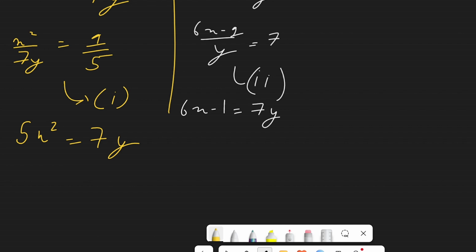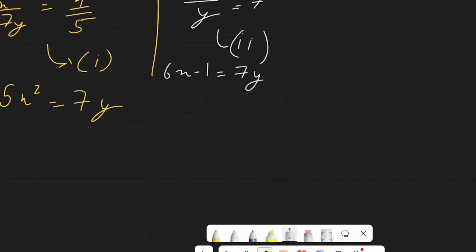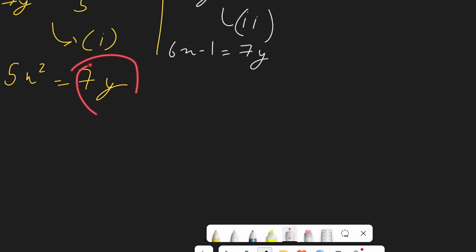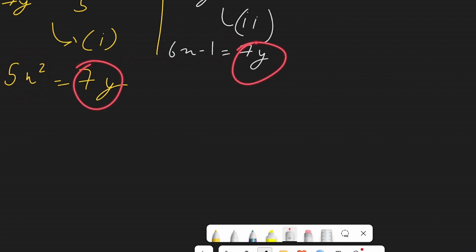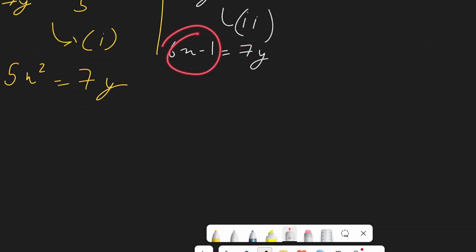So this 7y is equal to this, and 7y is also equal to this. Now we have 7y on both sides, so we will equate the other two sides. That means that 7y is equal to 5x squared, and 7y is also equal to 6x minus 1.